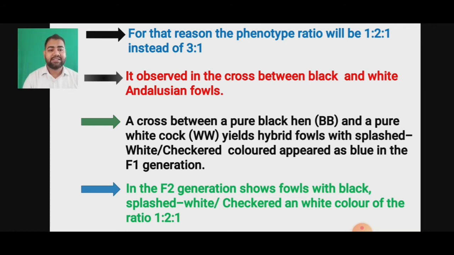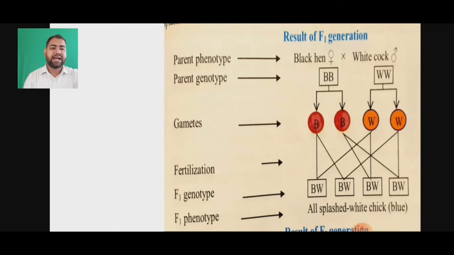In the F2 generation, fowls show black, splashed white or checkered, and white color in the ratio 1:2:1. Here is the result of the F1 generation: parent phenotypes black hen and white hen, genotypes B B and W W. Here the genotype of the F1 generation, all splashed white checkered, is B W.